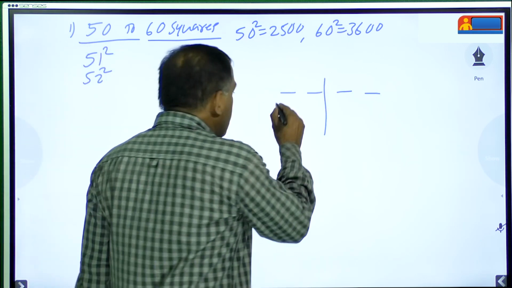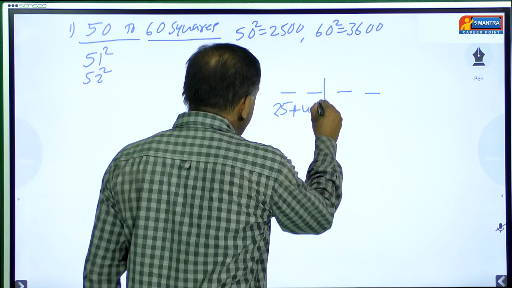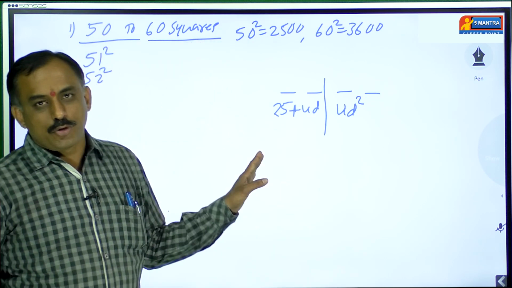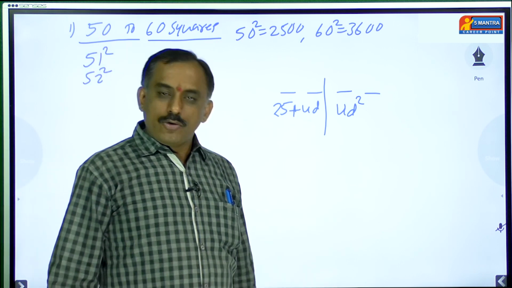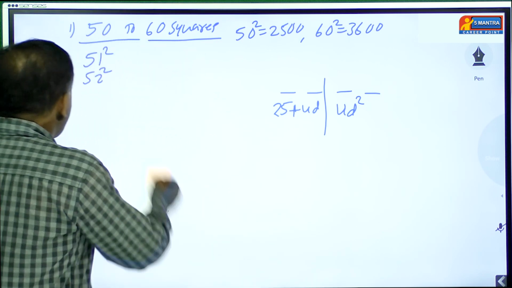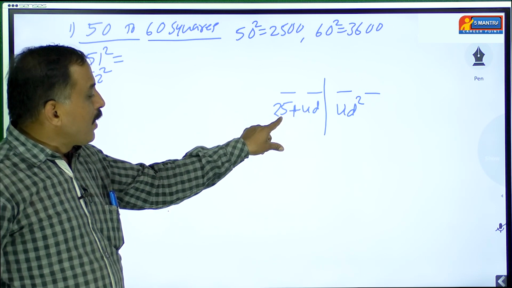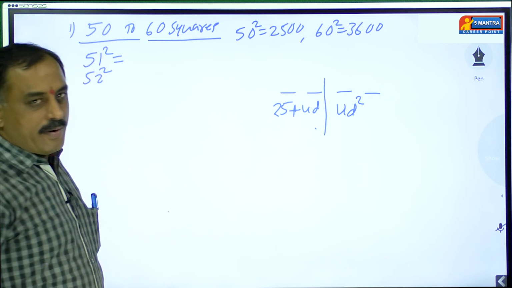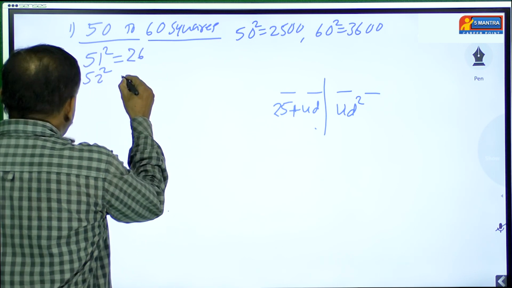What are the first part and the second part? The first part is 25 plus the unit digit. The second part is the unit digit squared. For example, take 51. What is 51 square? 25 plus the unit digit 1 is 26.